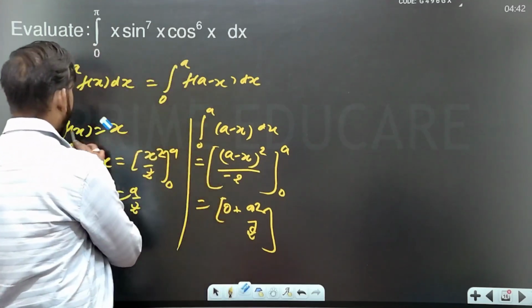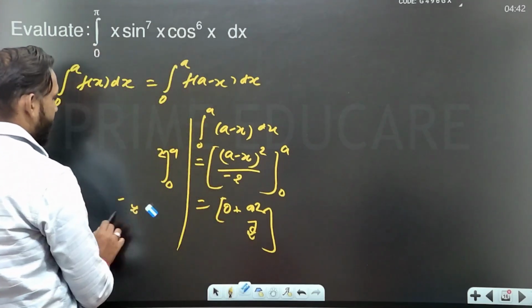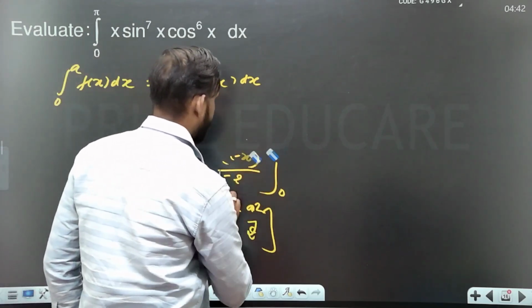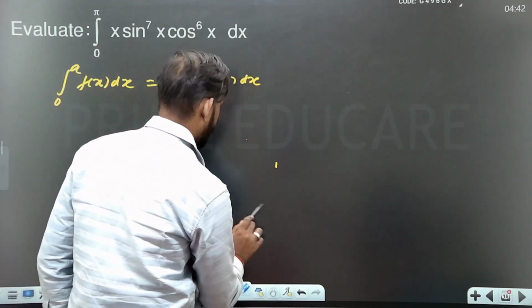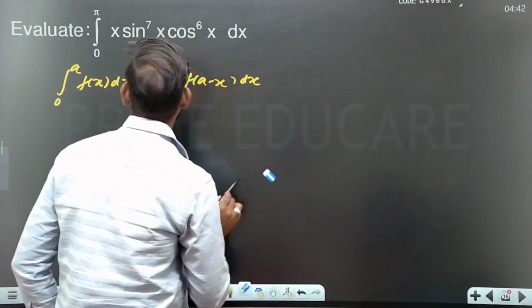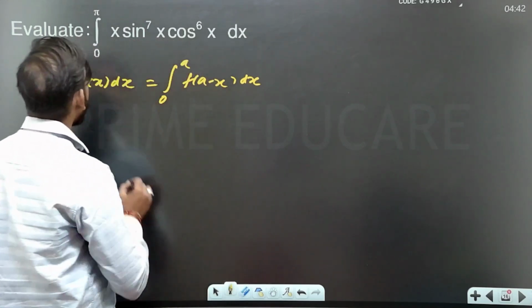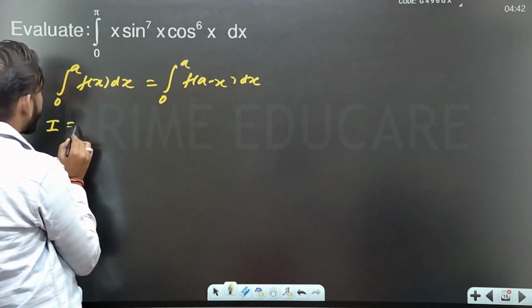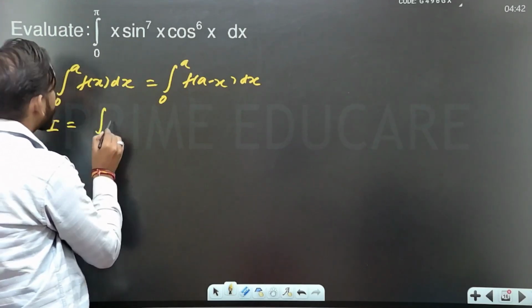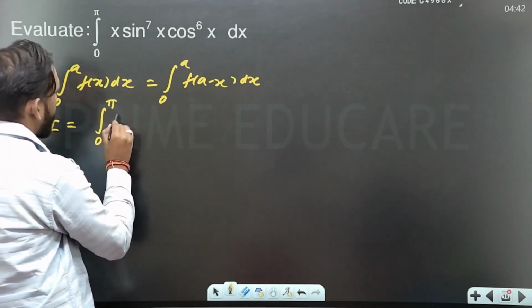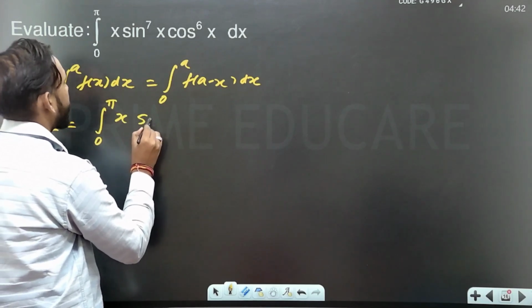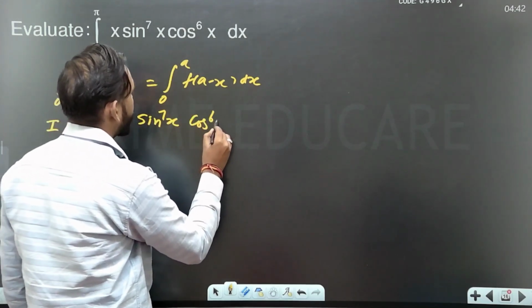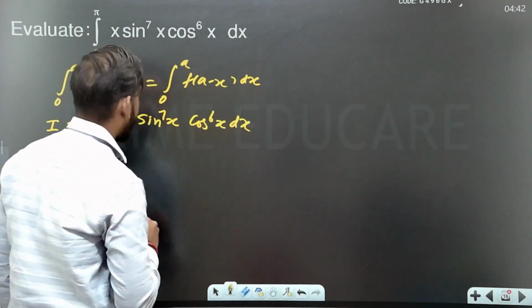We use this identity in the particular integral, and then Wallis formula. First of all, let this integral I equal the integral from 0 to pi of x sine to the power 7x cos to the power 6x dx.